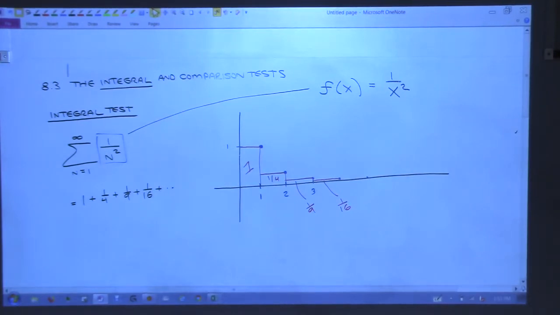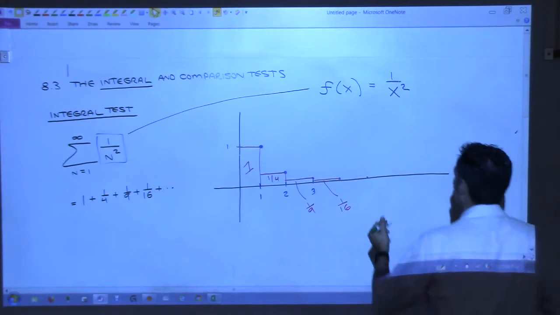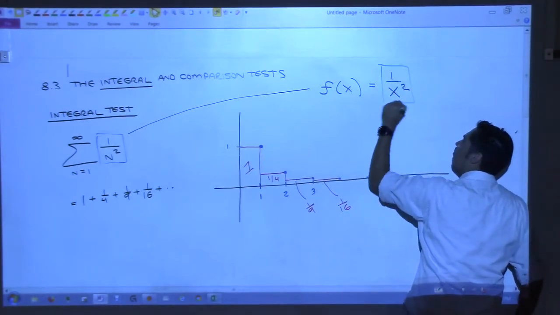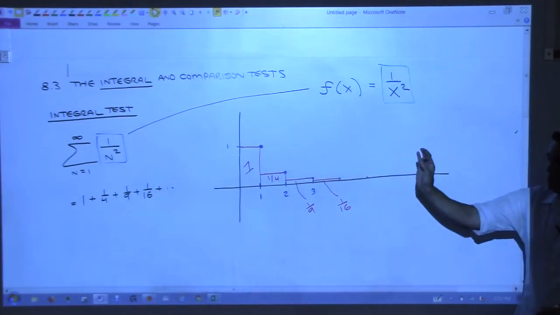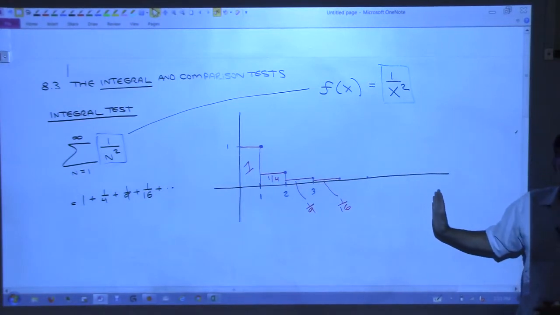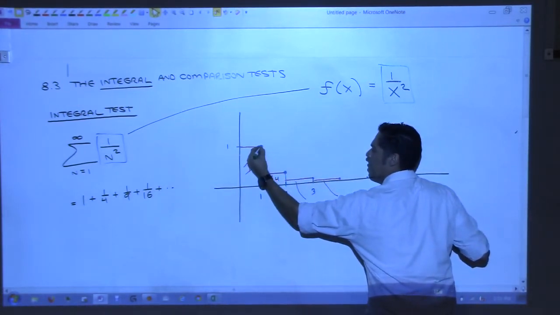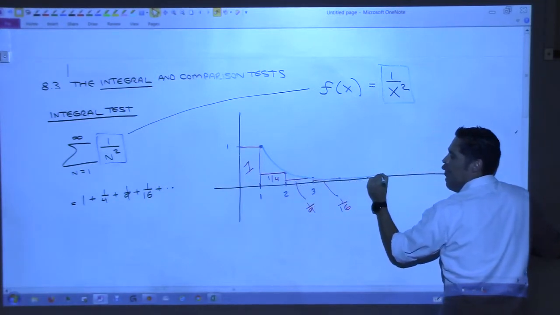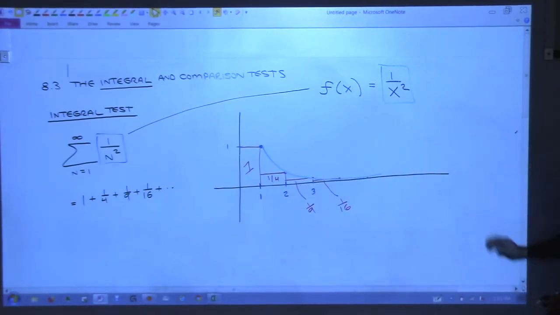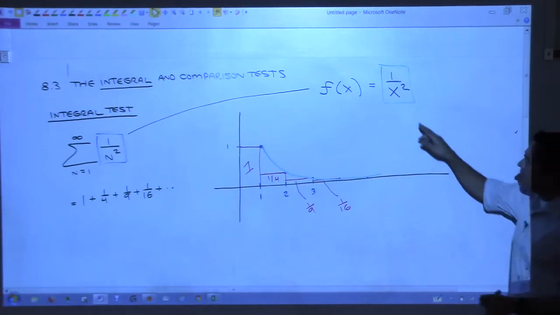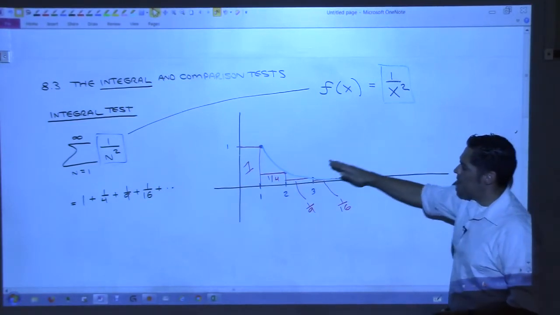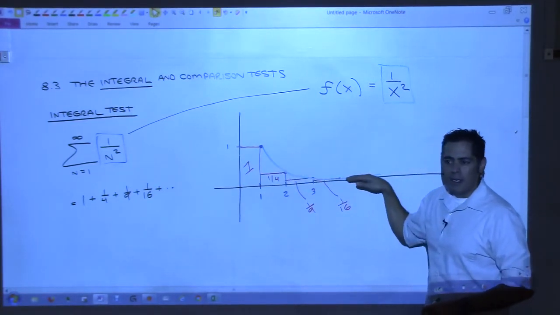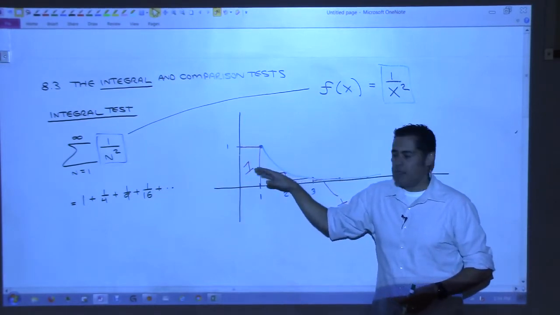This is a function of real values of x, so that means it includes all the integers and everything in between. So this would be a nice smooth graph like this, wouldn't it?